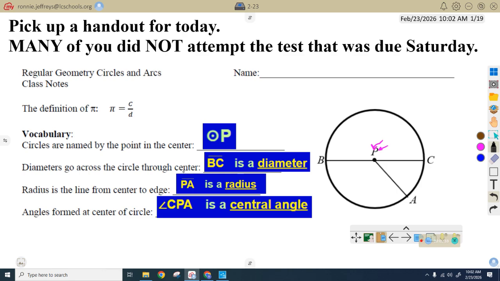Diameters and radius, you should already know, but if I were to put a lot of faith in stuff you should already know, I would be disappointed. So BC is the diameter. It goes through the center.